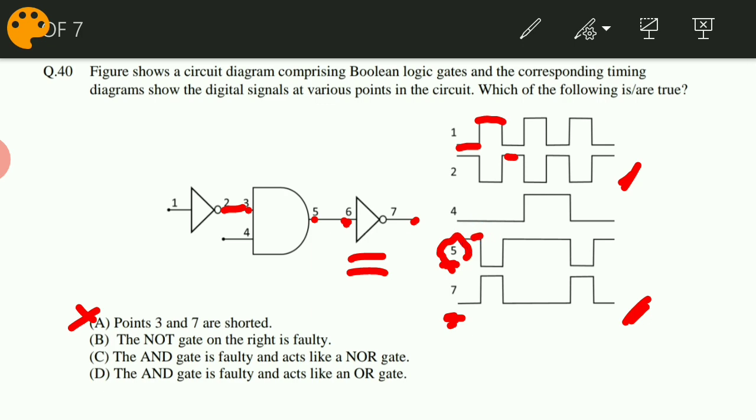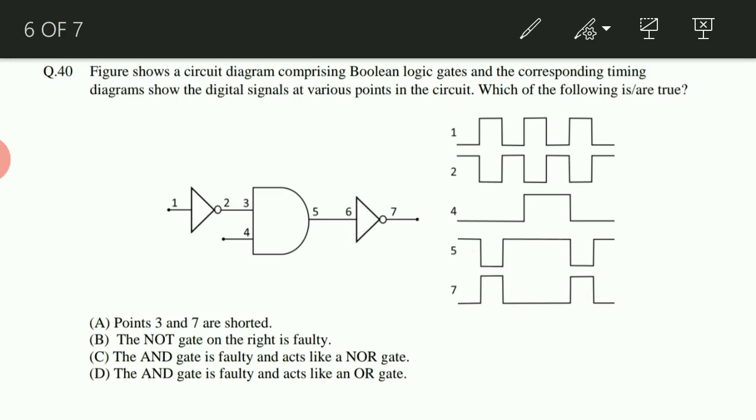Whenever the signal is 1, the output is 0, and whenever the signal is 0, the output is 1. So clearly, the NOT gate is inverting the signal. If we look at the signal at point 5 and point 7, they are exactly opposite. So we can conclude that option B is also not correct because the NOT gate is functioning properly.